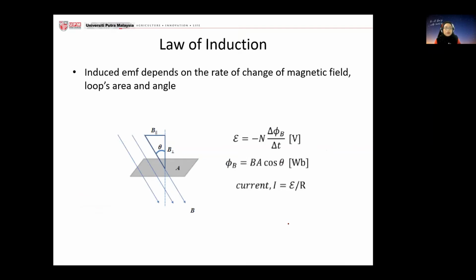So in the law of induction, the induced EMF depends on the rate of change of magnetic field, the loop's area, and the angle. This is just here, but I do not expect you to memorize this or anything. It's just good if you can understand.